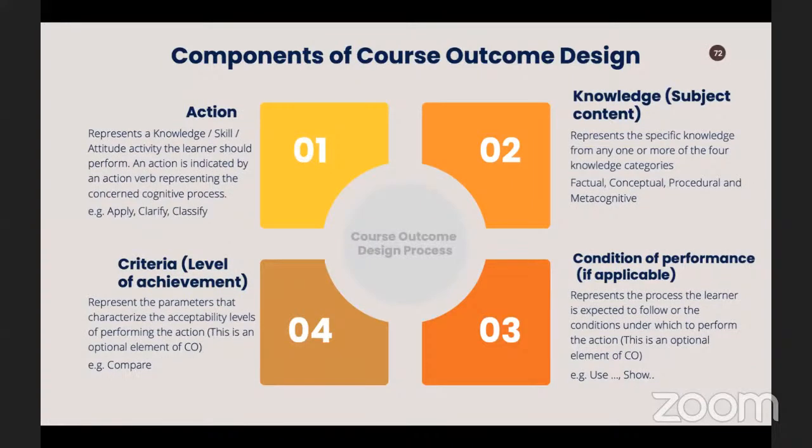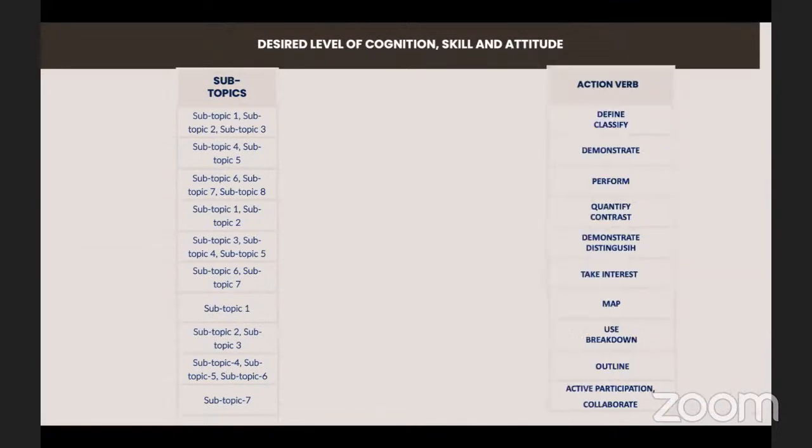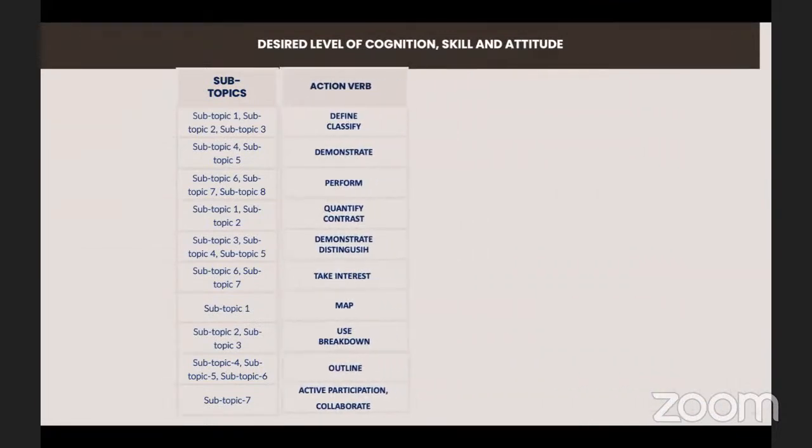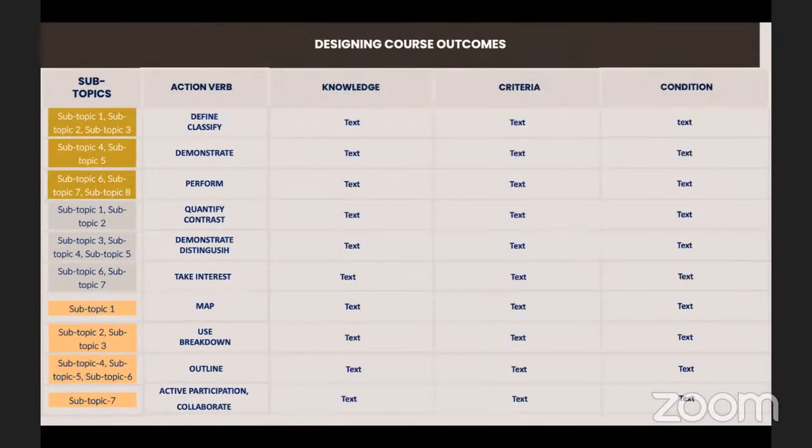So your course blueprint model automatically gives you these course outcome statements, because a lot of work is already done by you. The parts which we don't require now, I'm going to eliminate, and I'll take these 2 columns together at the left side, and I'll add knowledge, criteria, and condition, these 3 columns, to define the course outcome statements.